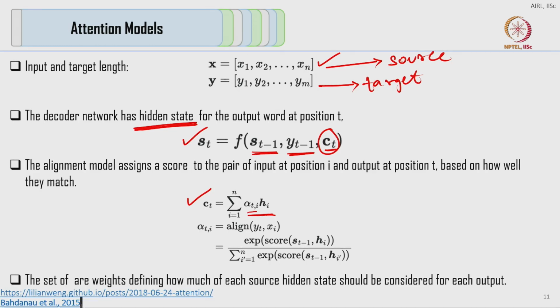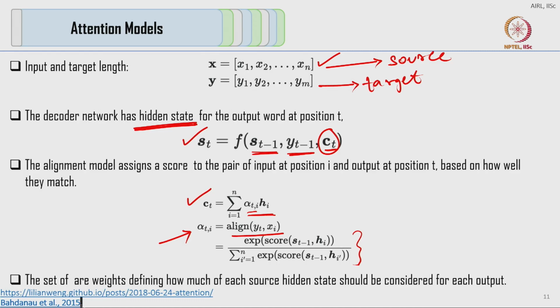Now, alpha may be learnable or it may not be learnable depending upon how alpha is computed, and we will look at how alpha can be computed in various ways. Alpha focuses on aligning the input and output, which is x and y. The way it does this is by relating the hidden states of both y and x, right.